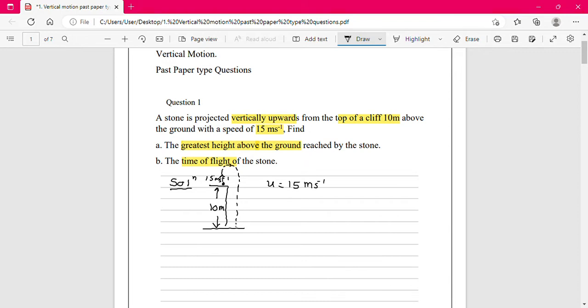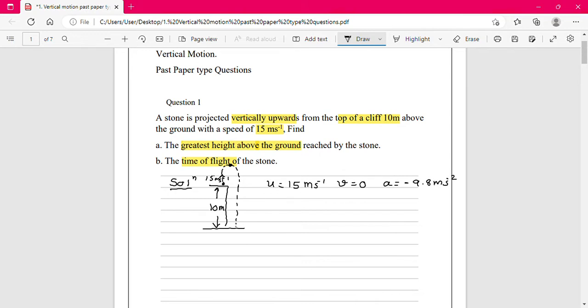Obviously, when the stone will go to the maximum height, what will be the velocity? The velocity will be 0 because the stone will become stationary. And since in the vertical motion, as we have already discussed, the stone is decelerating, so A will be taken as negative 9.8 meters per second square.